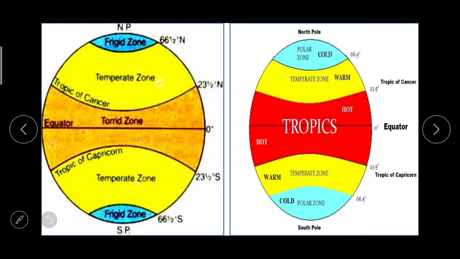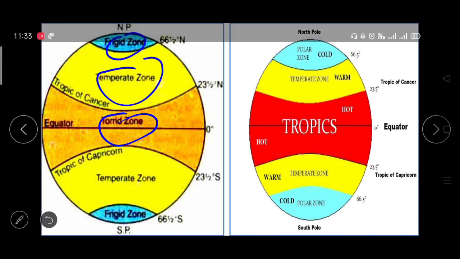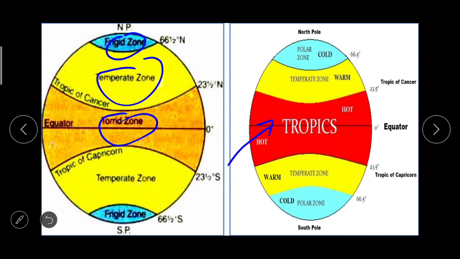here again with the help of figures you can exactly or easily understand this. Torrid zone, temperate zone, frigid zone. And by this red color we can understand the heat or the hotness of that particular place.